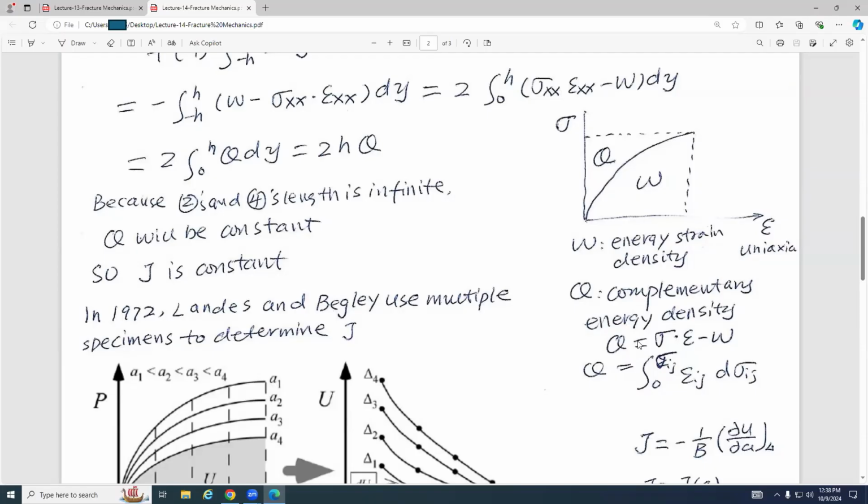Omega is defined as the integral from 0 to epsilon ij of sigma ij d epsilon ij. So this is omega, the strain energy density. Q is defined as the integral from 0 to sigma ij of epsilon ij d sigma ij. This is called the complementary strain energy density.